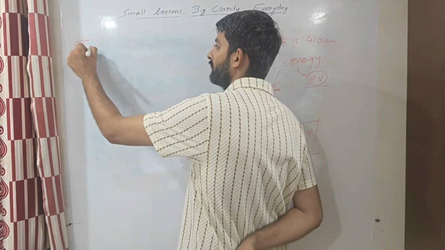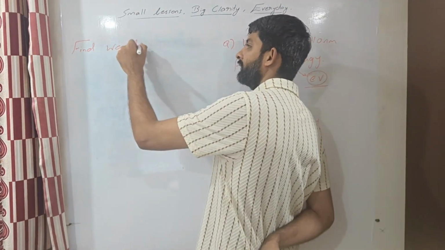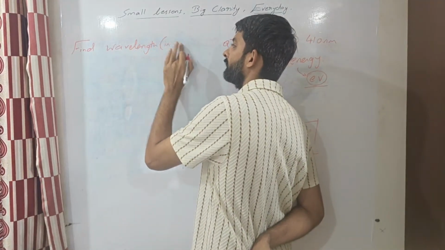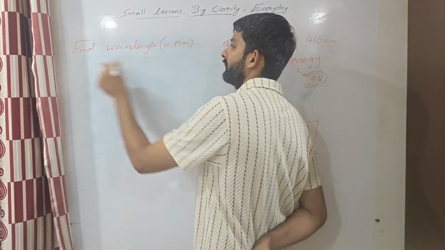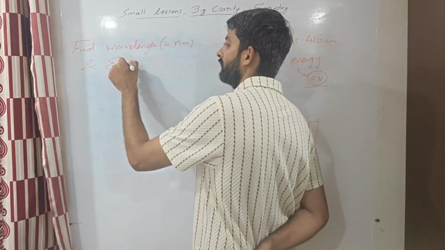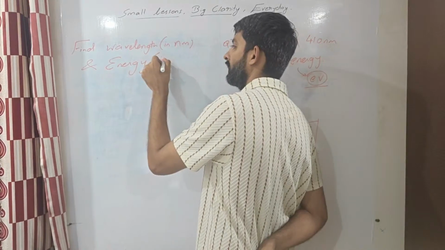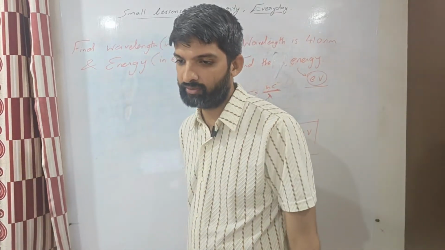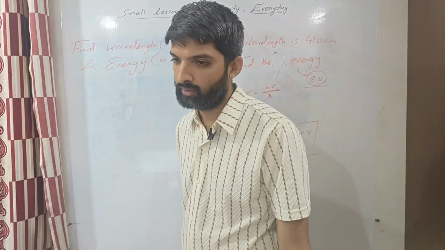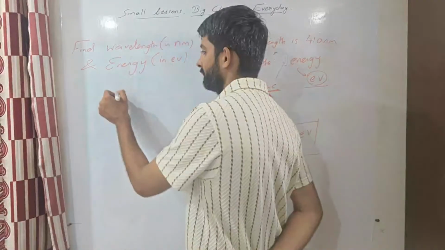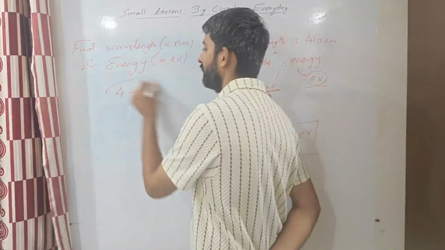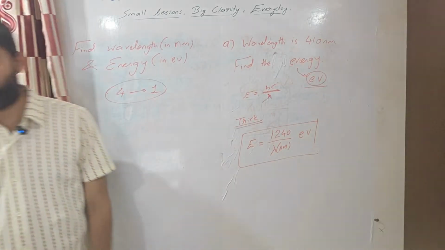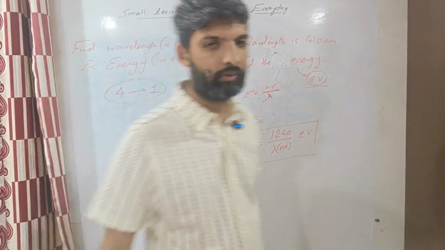Find wavelength in nanometer and energy in electron volt, and let's keep the transition 4 to 1. Electron transits from fourth orbit to first orbit. 4 to 1. Try to solve this.